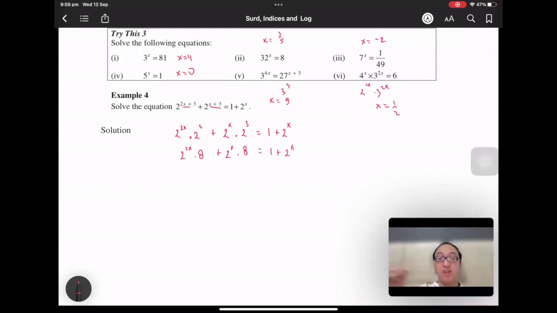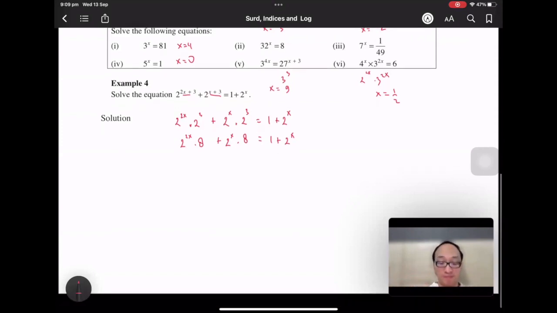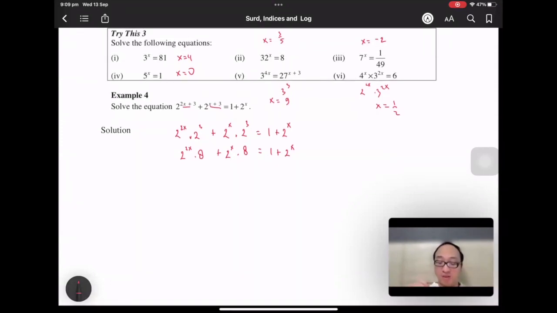We cannot add this one. Now, in this case, we can let y equal 2 to the power of x, because all the terms contain 2 to the power of x. How about the first one? It doesn't have 2 to the power of x, but it has 2 to the power of 2x.